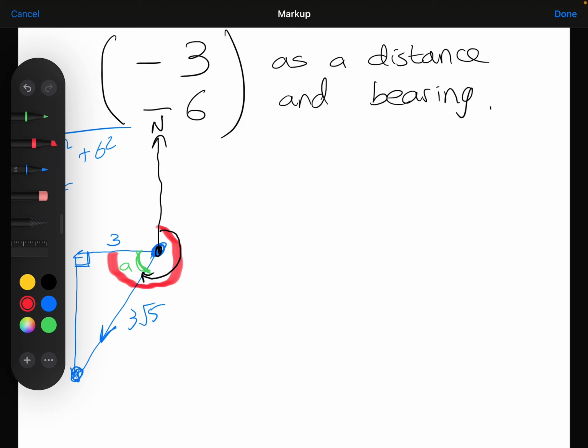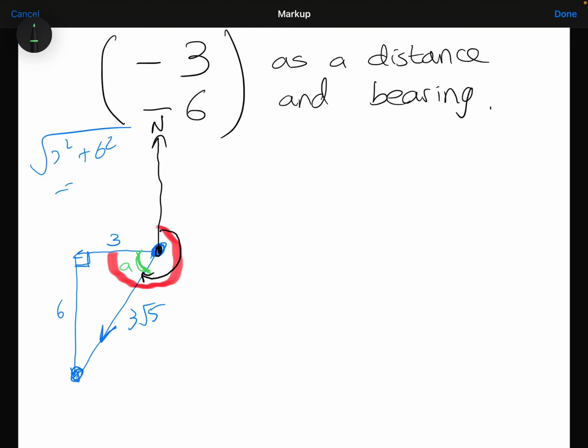So let's work out angle A. Now, this is the opposite side to my angle A. This 3 is my adjacent, so opposite and adjacent will be tan. So I can say that tan A equals the opposite divided by the adjacent.